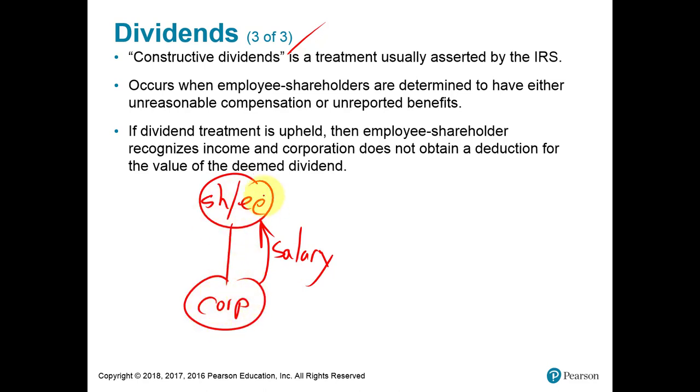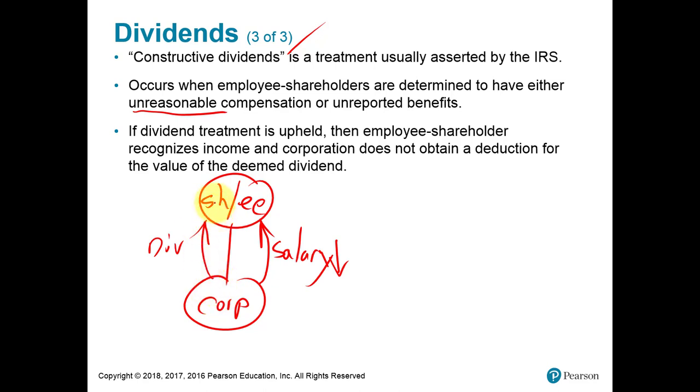If the shareholder employee doesn't really do that much compared to other companies' presidents or CEOs, maybe this salary is unreasonable. And what they're saying is maybe we got to reduce that salary, and that extra that this person got paid is really a dividend that is subject to tax like we just saw in the previous slides. But a corporation, when it pays a dividend, unlike paying a salary, cannot take a deduction. It doesn't reduce the tax of the corporation when the corporation pays a dividend.